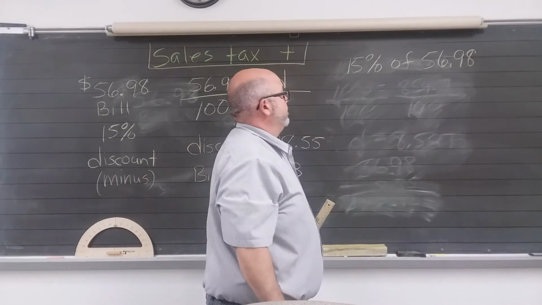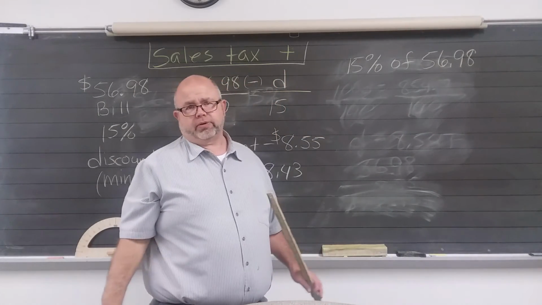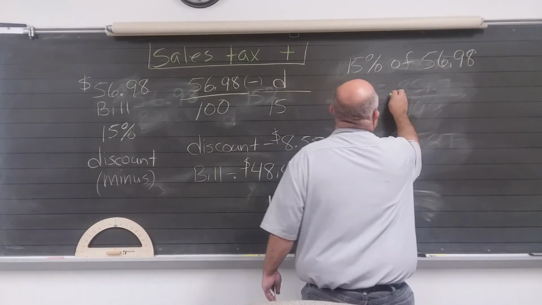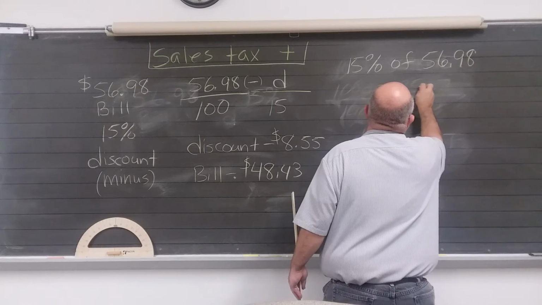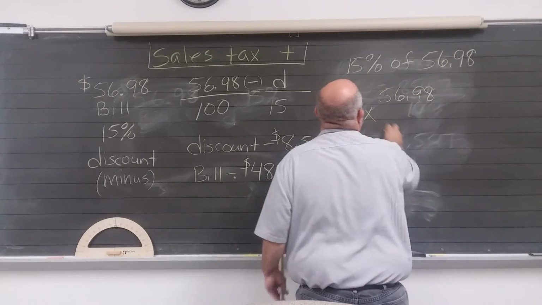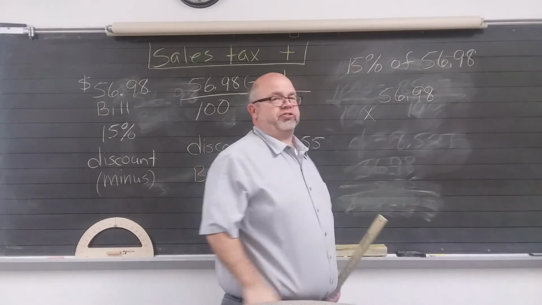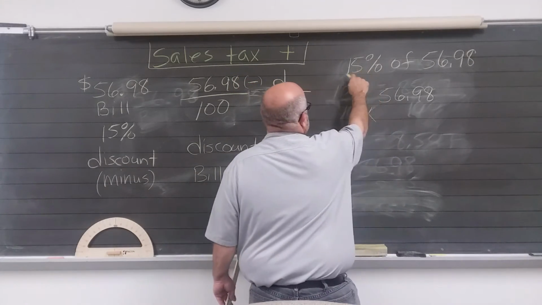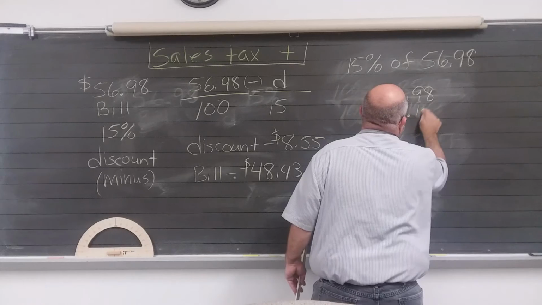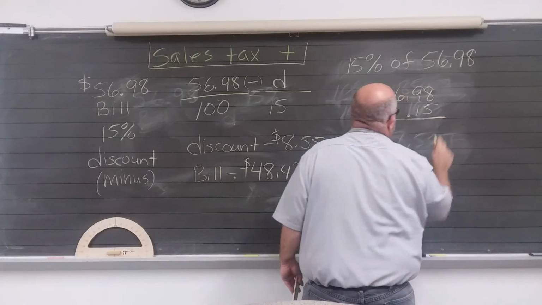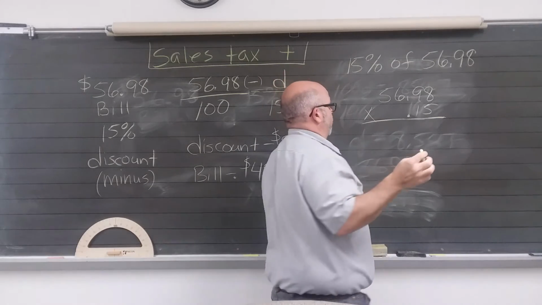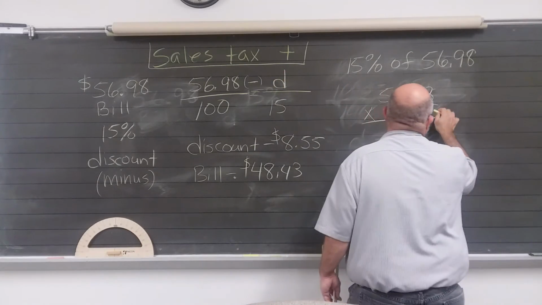All right? And I don't know which is the best way here, but of means multiply. So you can go 56.98 times 15%. What is the decimal for 15%? The decimal for 15% is 0.15. Okay? And I don't care how you do this. Proportion, you know the proportion, but this is another way to find the discount.